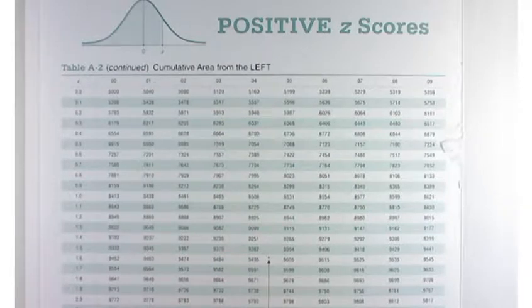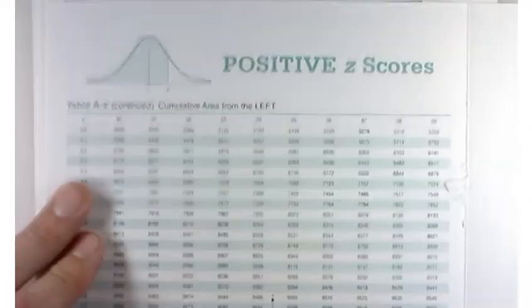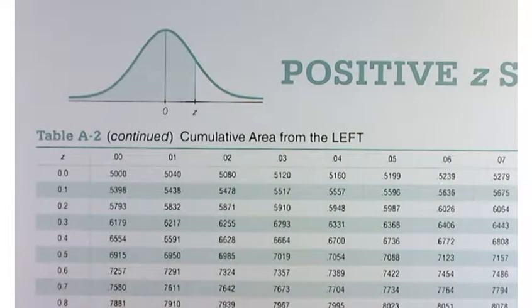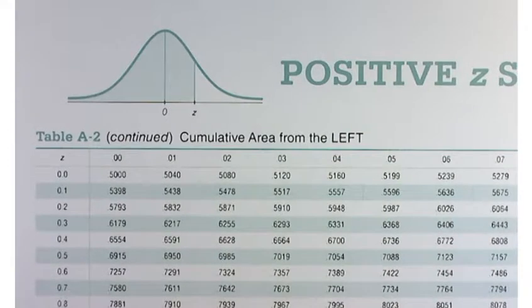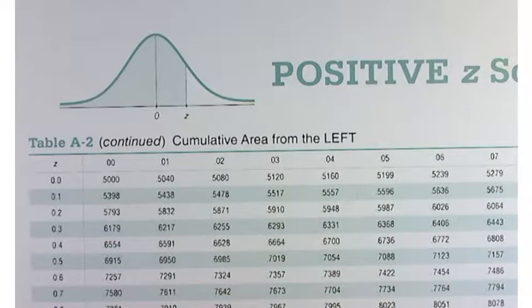Now the variable that we use to discuss the standard normal curve is a z variable. And what this table is going to give you is the area underneath the curve to the left of a particular value of z. Let's start with, let's see, which one do I want?